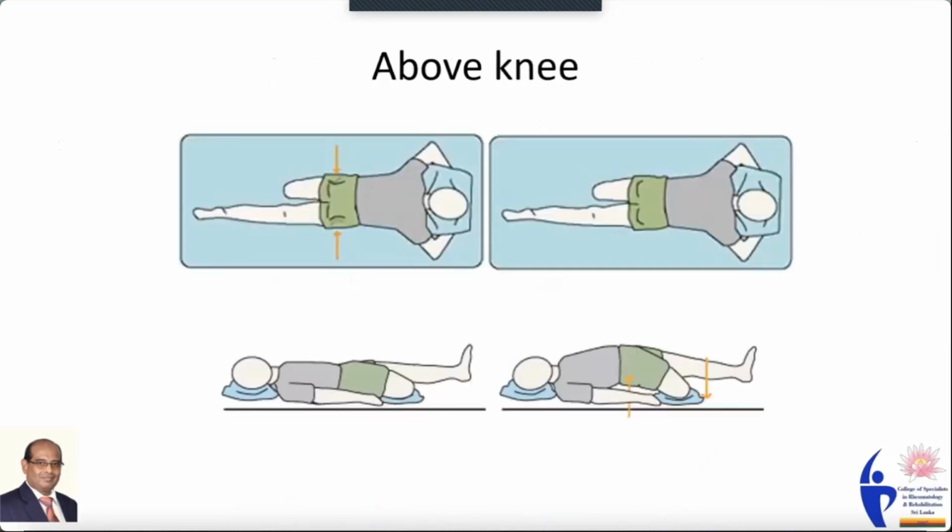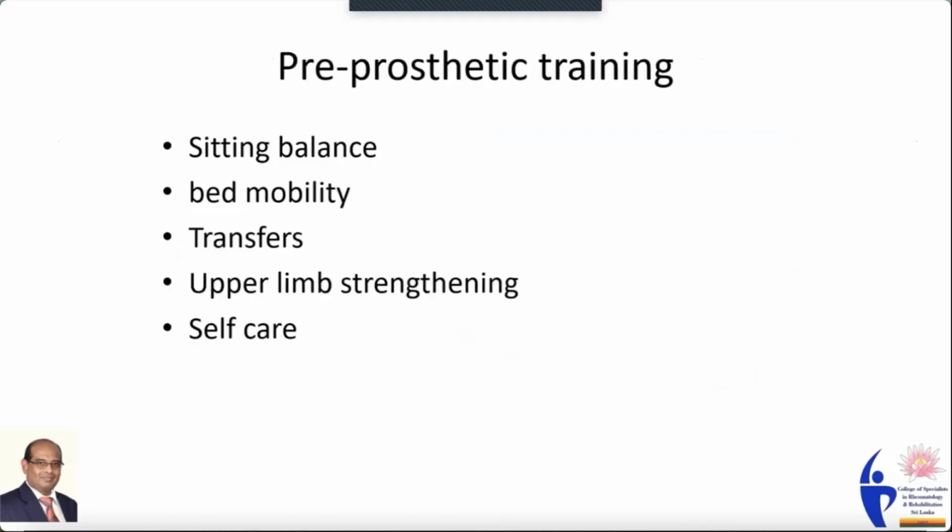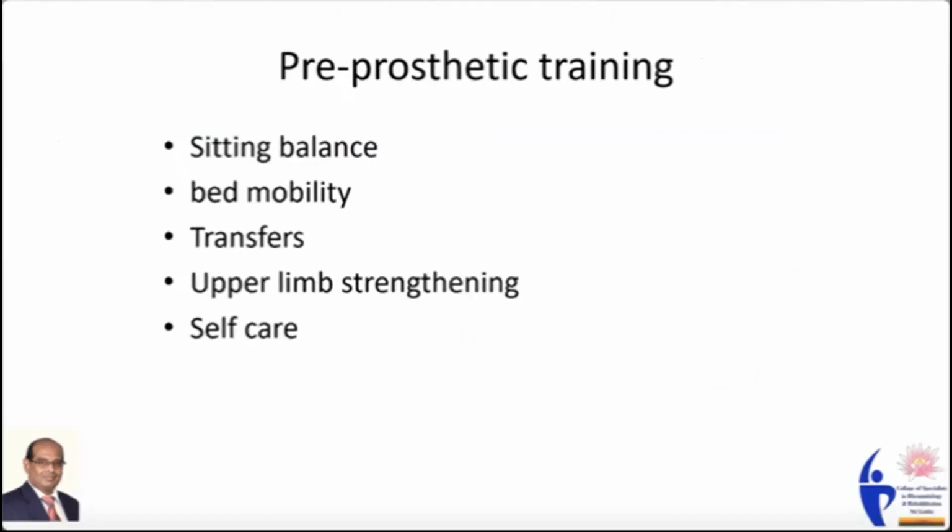The above knee positioning should be as instructed here, to prevent the abduction, the flexion and the adduction position taken by the hip. In pre-prosthetic training, you train them, getting them into sitting balance, and remember part of the body is gone, so the balance of the body is lost with the weight being on one side.